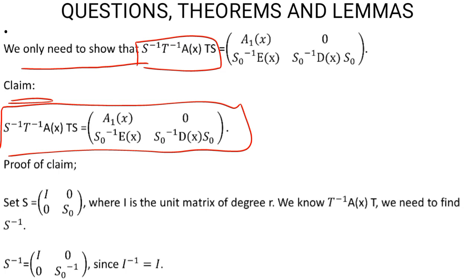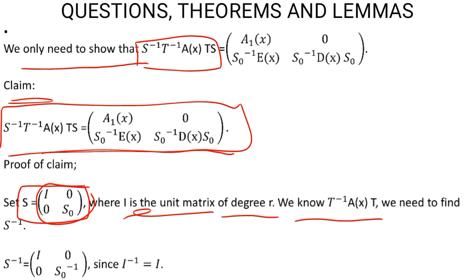Our claim is that this will be true on the condition that we set S to be equal to this particular matrix with entries of this form, where I is the unit matrix of degree r, and we know T inverse AXT. So all we need to find now is S inverse. Now we want to solve this and show it is equal to this.